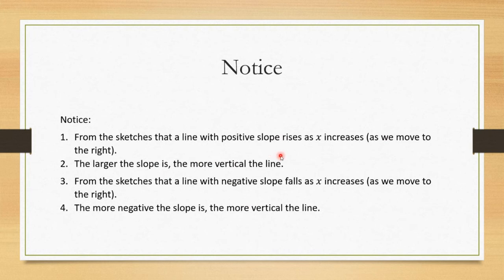In other words, the steeper the line is. With a negative slope, instead of climbing, the line's going to fall. And the more negative it is, the more vertical the line is.